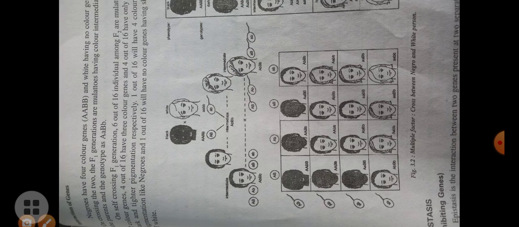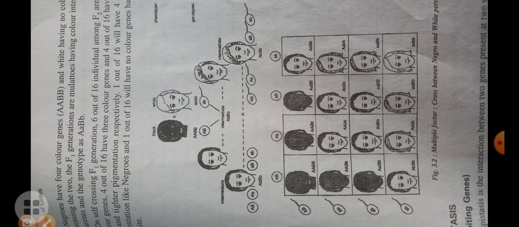Example, capital A, capital A, capital B, small b. In the same way, capital A, small a, capital B will be a dark person.